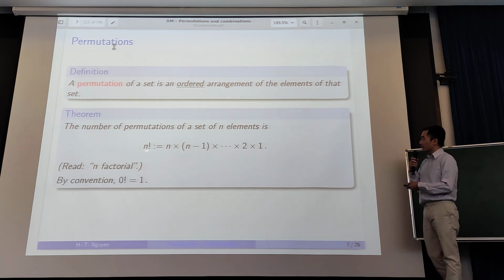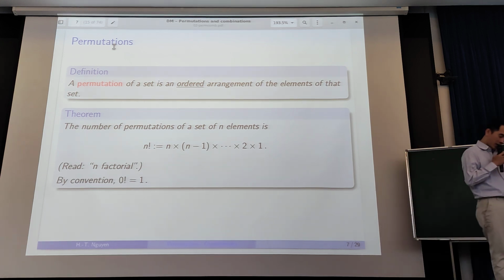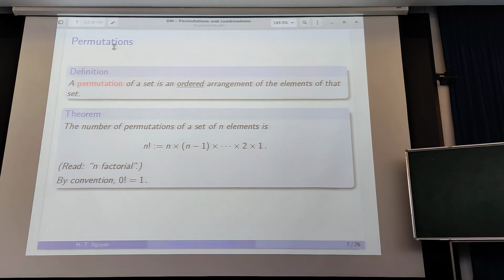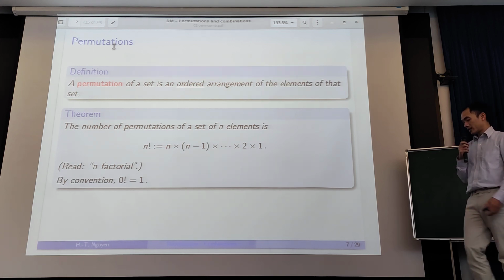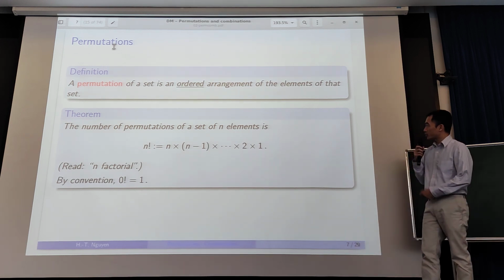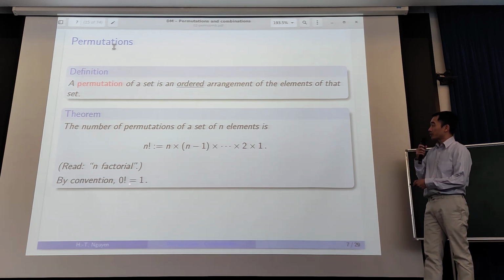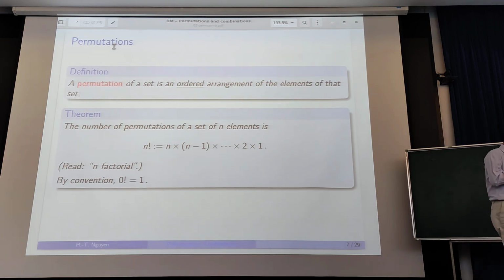Okay, so this is the notation n with an exclamation mark. Okay, and for convenience we define, so this product is defined for n a positive integer, but we also define 0 factorial as 1. Okay? So the reason is that it's more convenient for computations.